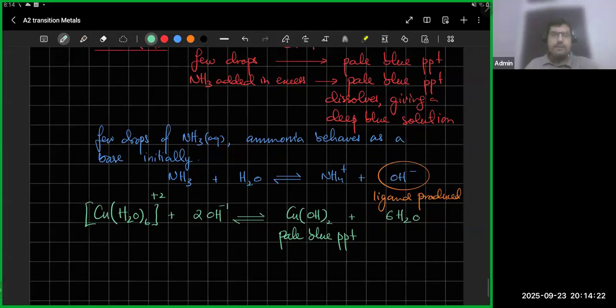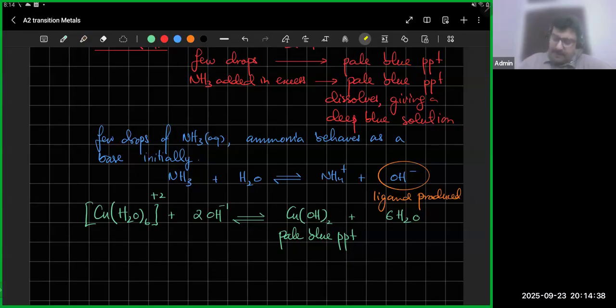Okay, so what happens when you add a few drops of ammonia? The ammonia behaves as a base. It attracts the H+ from the water, and then turns the water into OH ions, which then start acting as ligands, and you get a pale blue precipitate.